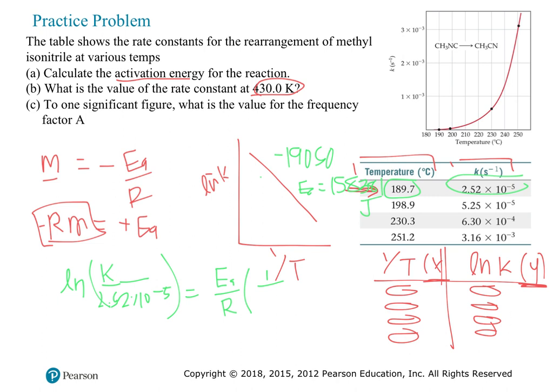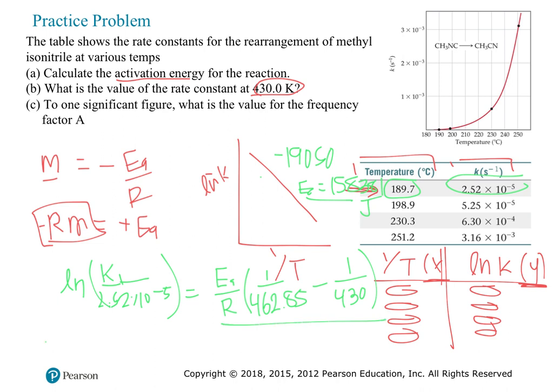So that is 462.85 minus 1 over our temperature we care about now. That would be either T1 or, in this case, it'll be T1 since we were trying to find K1. So 430 Kelvin, already in Kelvin. That is nice. So now we're just going to plug in the activation energy that we got earlier, divided by R, times this whole value.